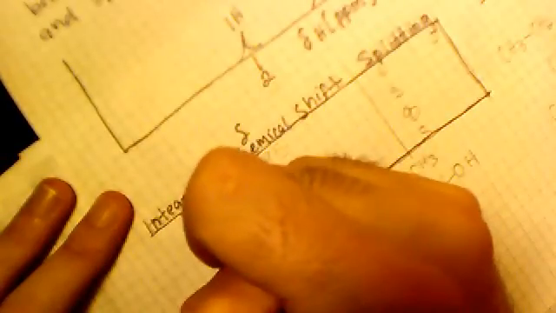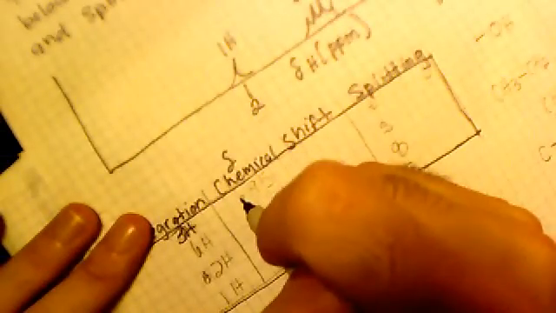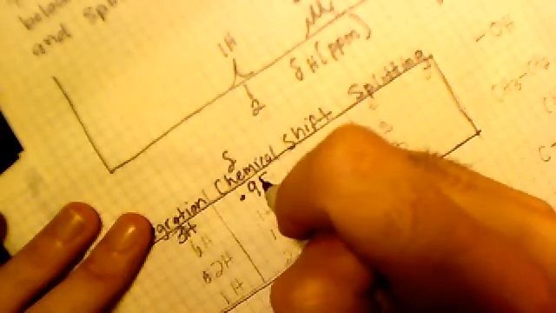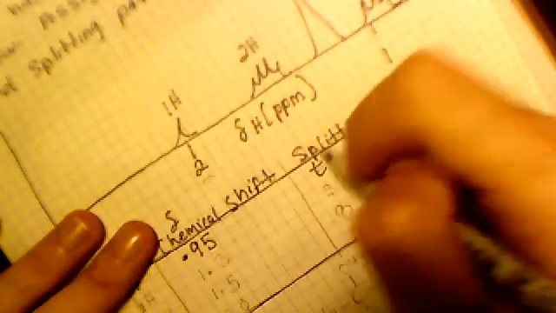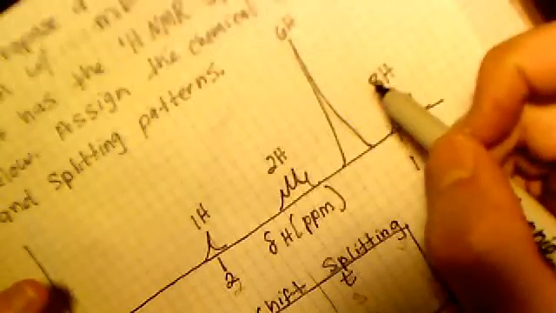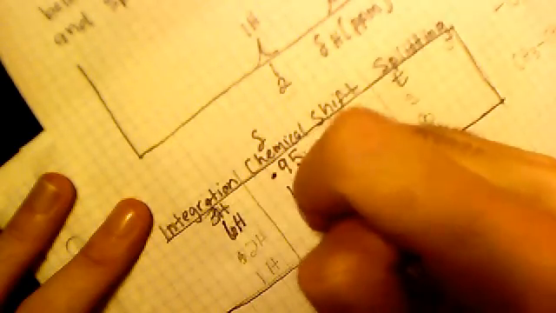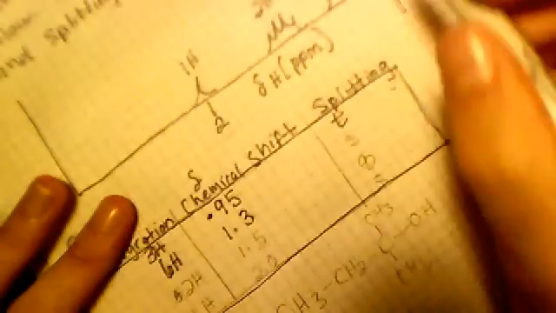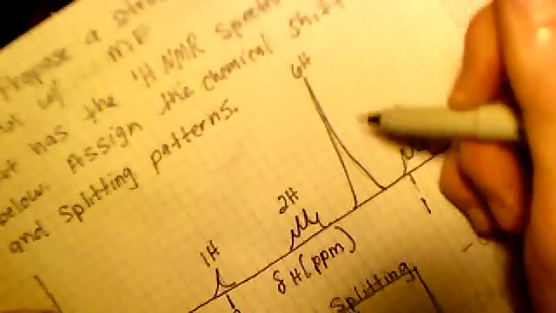So there's the 3H, right up here. Its value is 0.95. That's the chemical shift, and it is broken up into a triplet, which is T. The 6 hydrogens right here are at 1.3, and the signal is a singlet, one peak.